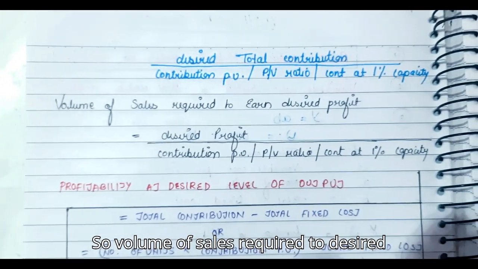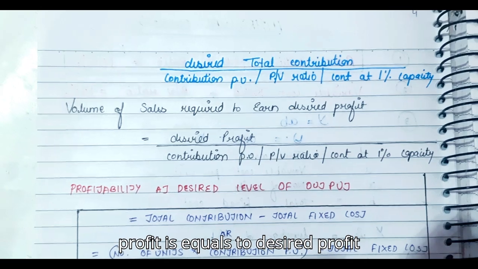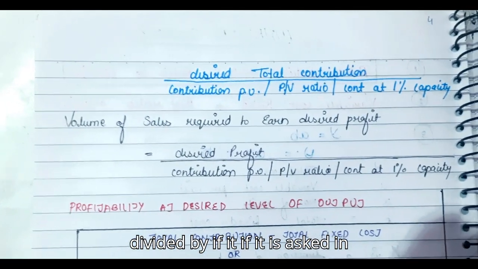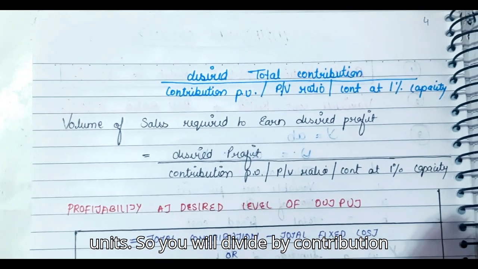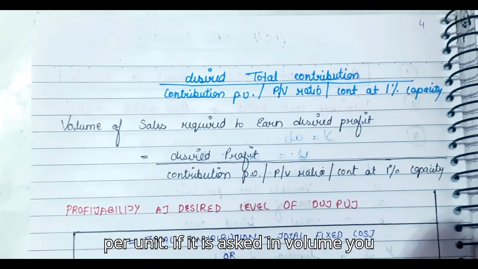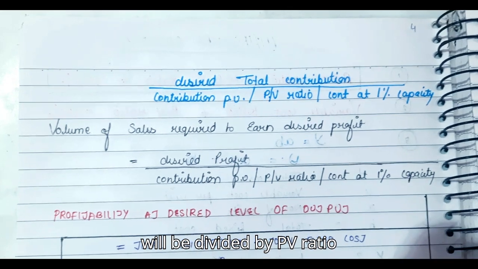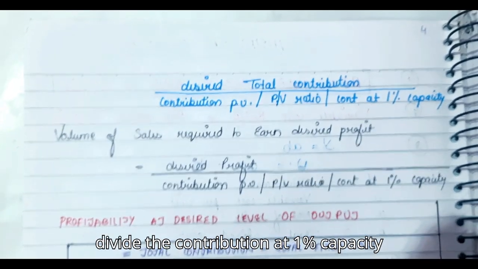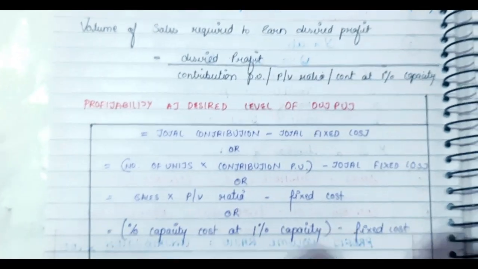Volume of sales required to earn desired profit is desired profit divided by contribution per unit if asked in units. If it is asked in value, you divide by PV ratio, and if it is in capacity, you divide by contribution at 1% capacity.